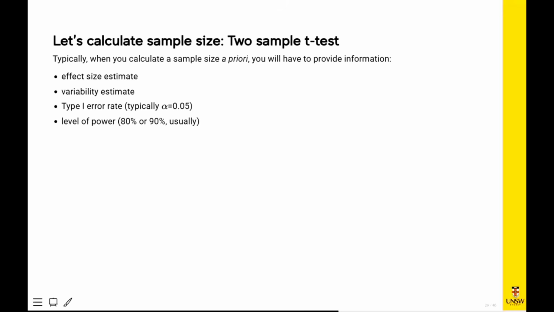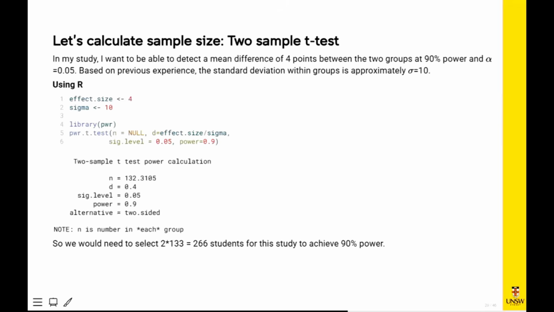So that type 2 error, you're keeping pretty low at 10% or so when you have 90% power. And we have our effect size estimate, which is 4 points. That's our meaningful and interesting difference. And for our variability estimate, we know that it's about 7 or so.